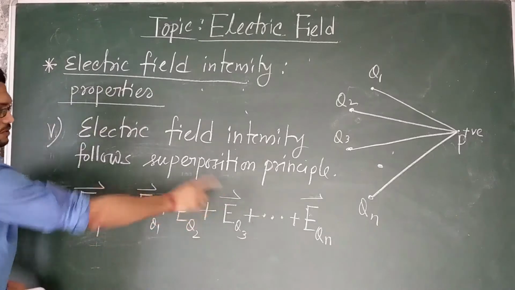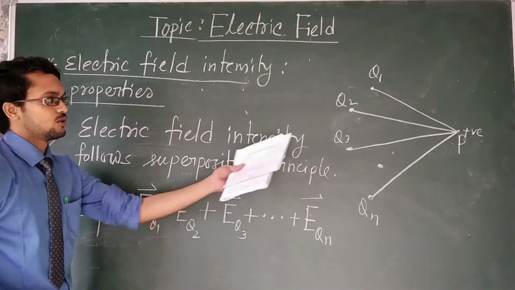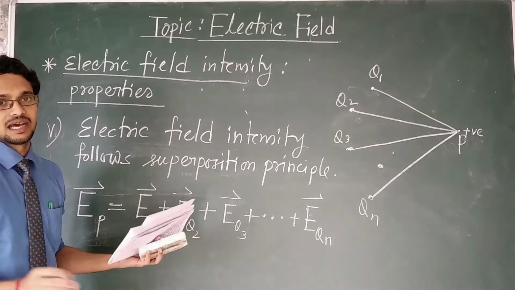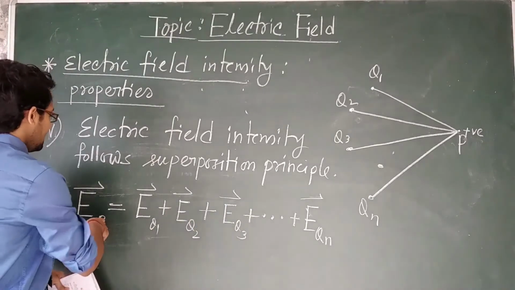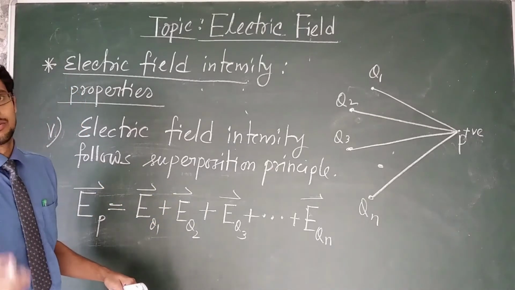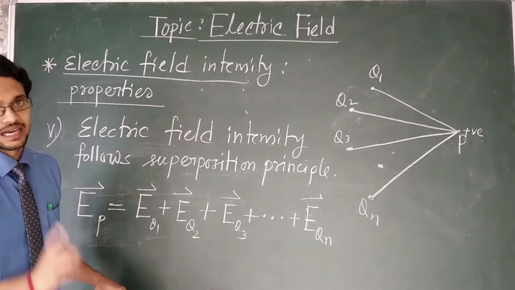Okay, this is the superposition principle. So if we want to find the electric field at a point due to a number of charges, then that will be the vector sum of the electric field due to individual charges at that point.